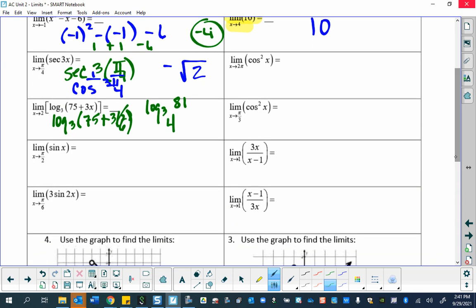The limit as x approaches 2 pi of the cosine squared of 2 pi. What is the cosine of 2 pi? 1. Right? 1 squared. You okay with that?